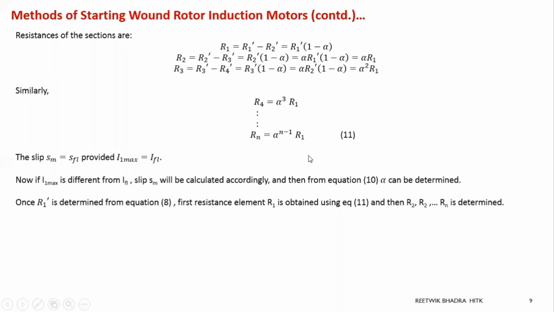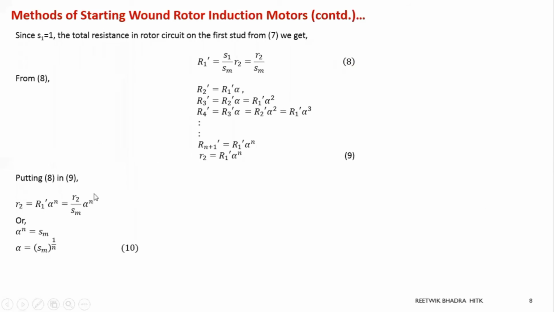I'll tell you in brief what has to be done. First, always remember, you have to calculate alpha. The slip at which normal operation is done has to be determined. It will be given in the question, or you have to calculate it. After calculating the slip, we calculate alpha.